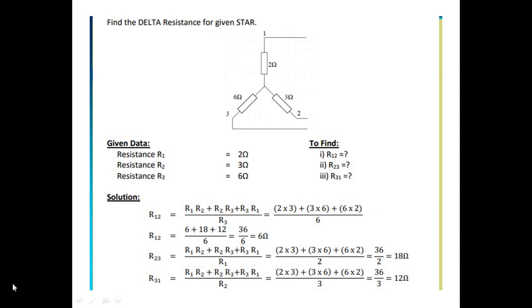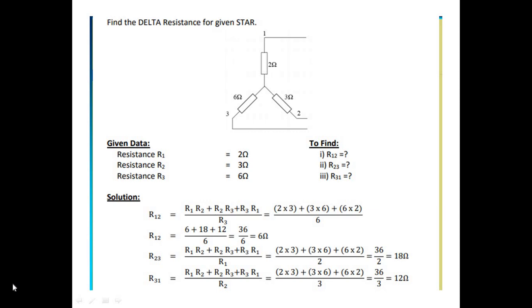Then R23 is R1 into R2 plus R2 into R3 plus R3 into R1, divided by R1. 2 into 3 plus 3 into 6 plus 6 into 2, divided by 2, that is equal to 18 ohm. Then R31 is equal to R1 into R2 plus R2 into R3 plus R3 into R1, divided by R2.